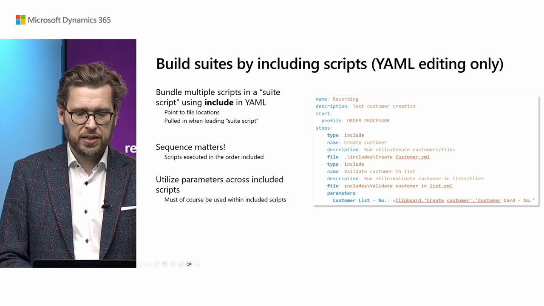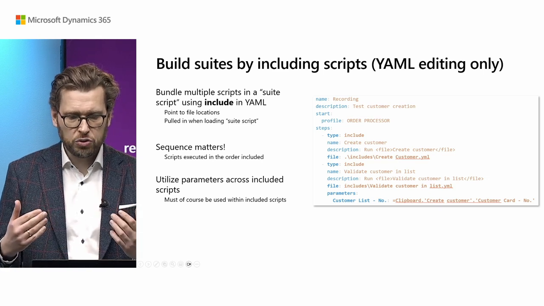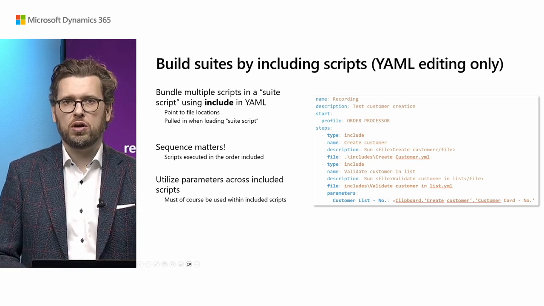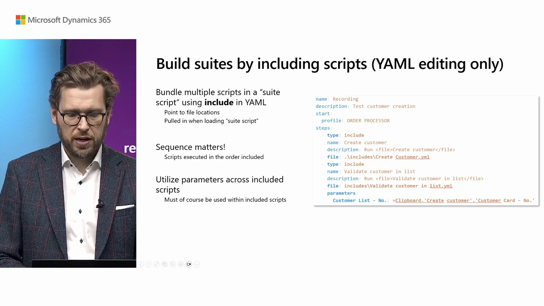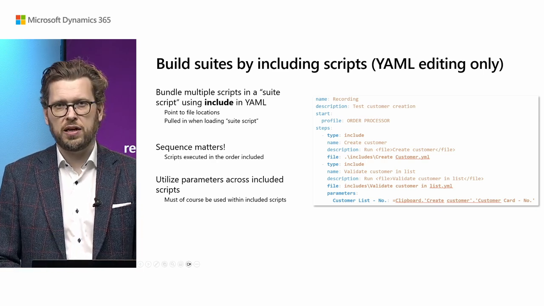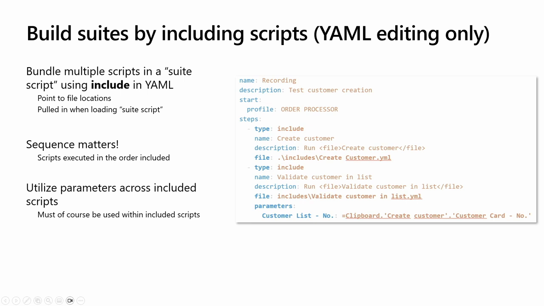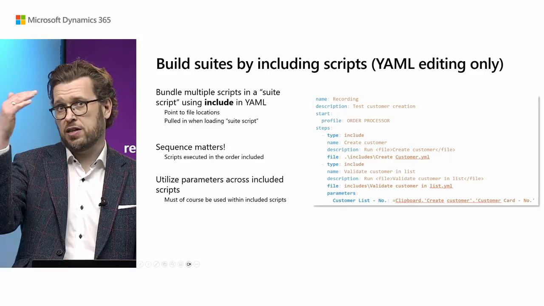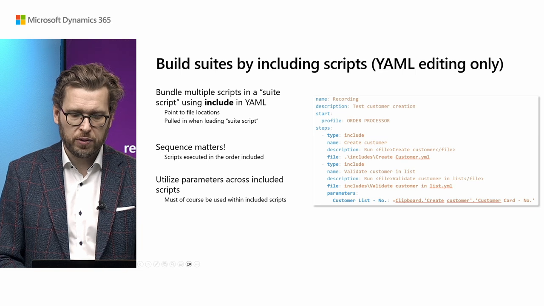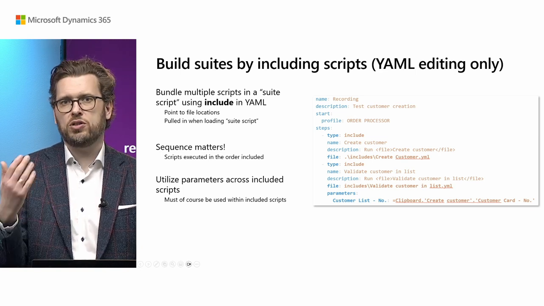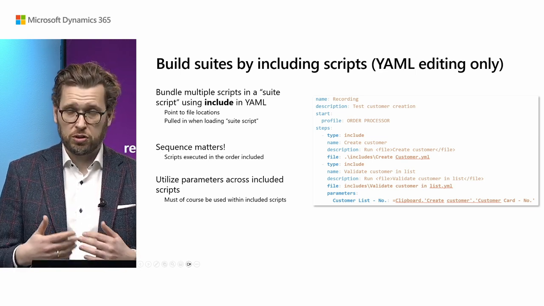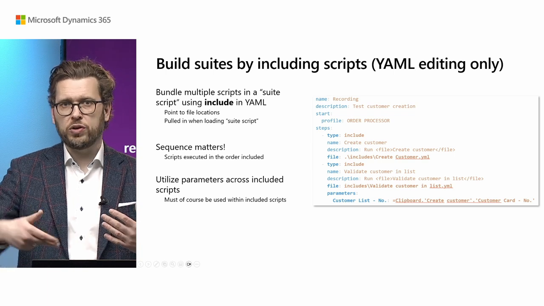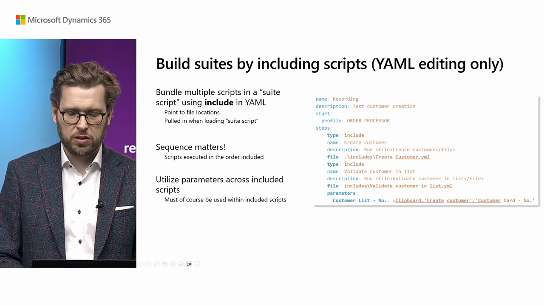The way it works is that you use the include command in the script. In the example here, you see that we have two includes, and basically, you point to the script file. So we're pointing to two different script files here. And the sequence, of course, matters. It's going to go top down when it executes. And you can use the parameters I just talked about to reuse variables across the scripts.